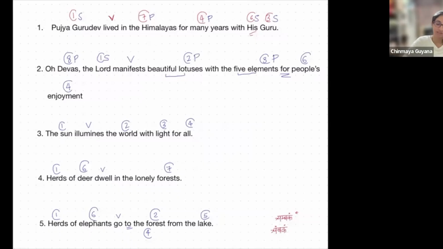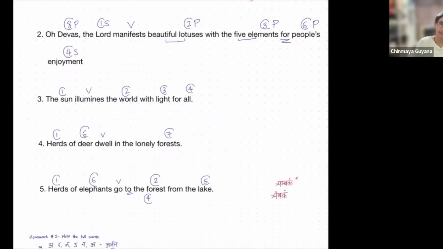And people's enjoyment. So people's is how many people? It's plural. And enjoyment is singular. Okay? The sun illumines the world with light for all. Sun is singular. World is singular. Light is singular.